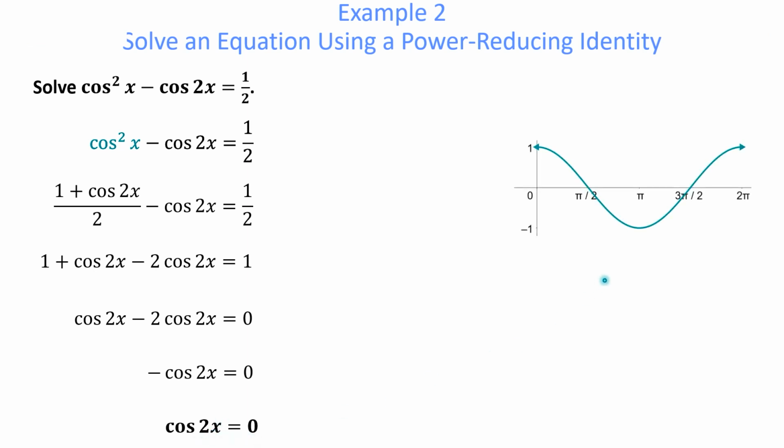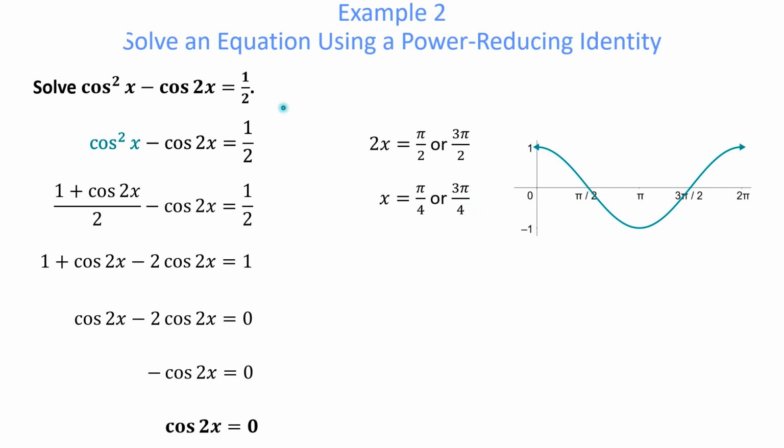Well, we know from the original parent function of cosine that the cosine of some angle being equal to 0 is pi over 2 and 3 pi over 2. Therefore, 2x is equal to pi over 2 or 3 pi over 2. Now, we want to solve for x, so we simply divide both of these two values by 2 to give us x equals pi over 4 or 3 pi over 4.